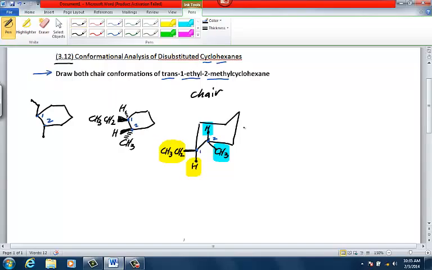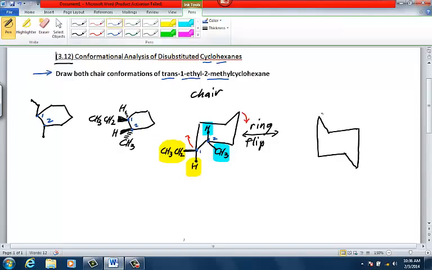If we were to do a ring flip, a ring flip is where you rotate the head of the chair down and the foot of the chair up, all of these axial and equatorial positions are going to reverse. So again, I'm going to draw my two offset parallel lines. Now on the left, instead of going down, it's going to go up, and on the right, my chair is going to go down.